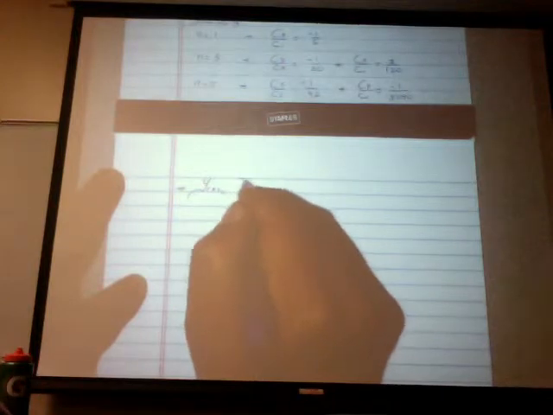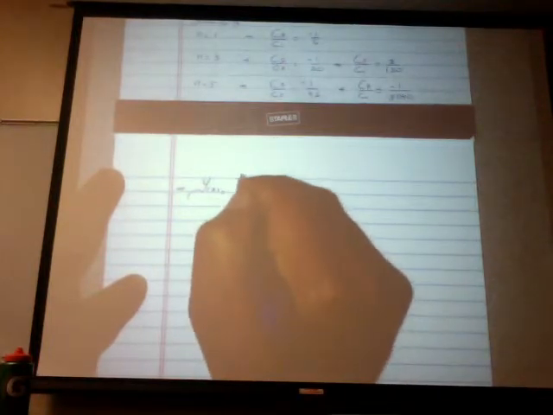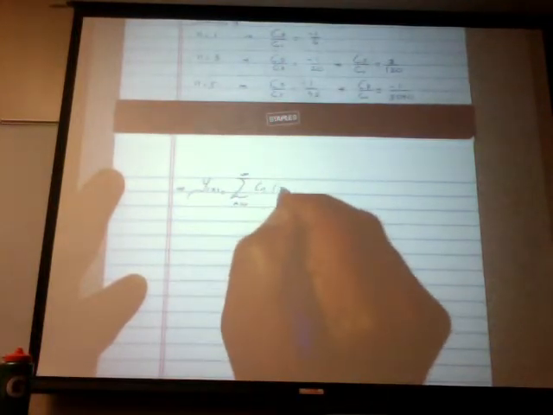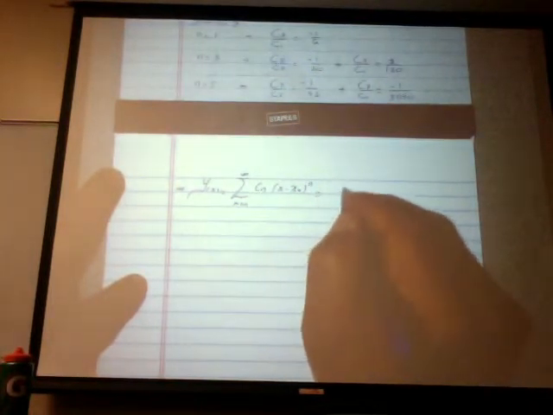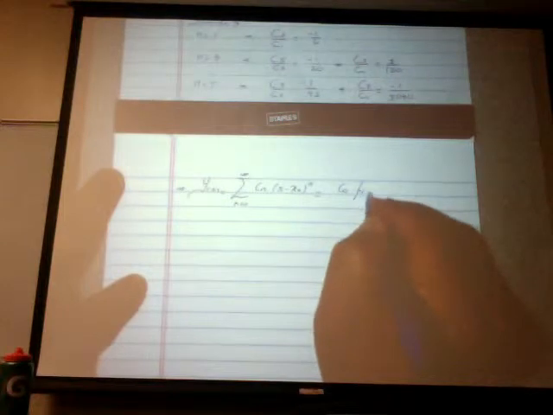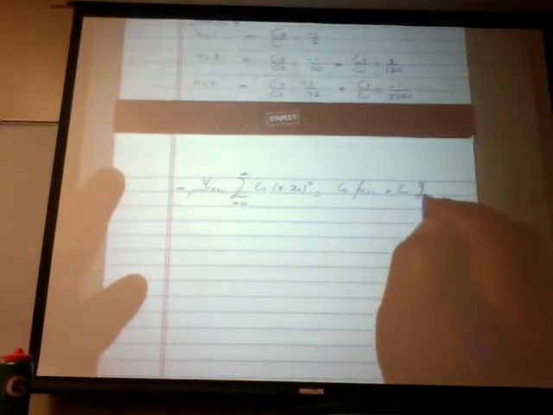So this means, therefore, y of x, which is equal to the summation from n equals 0 to infinity of Cn times x minus x0 to the power of n, could be expressed as C0 times f of x plus C1 times g of x.